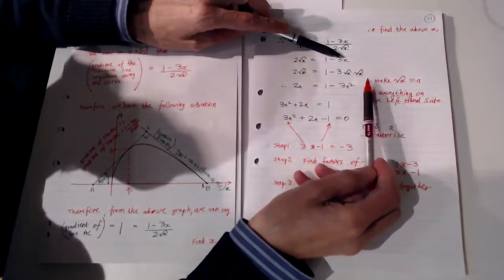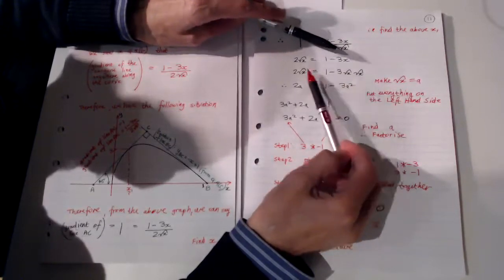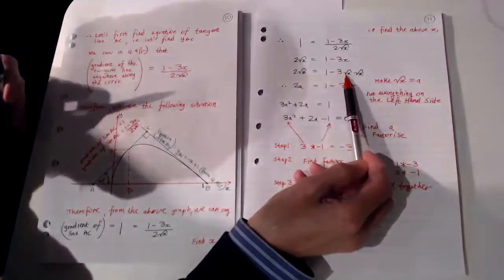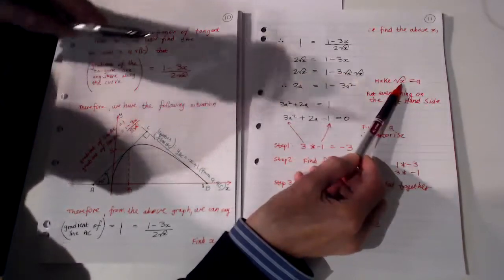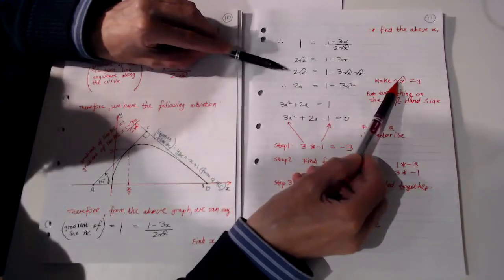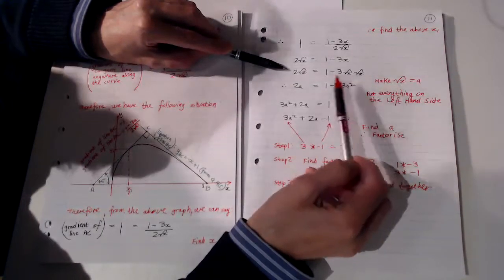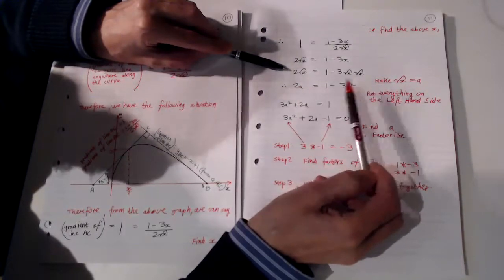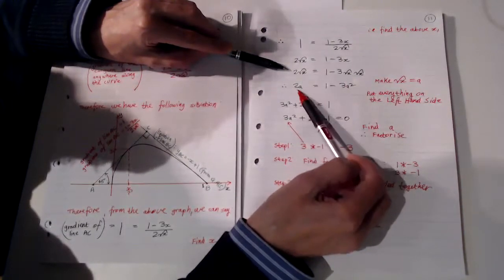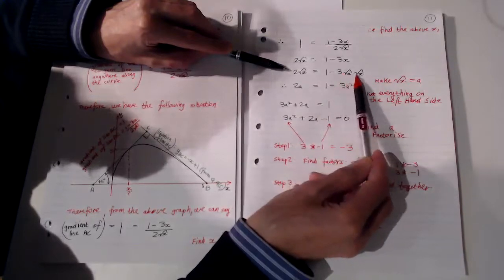To make it easier on our eyes, we can make square root of x equal to a, so wherever there's a square root of x, we put a. That gives us 2a equals 1 minus 3a squared.